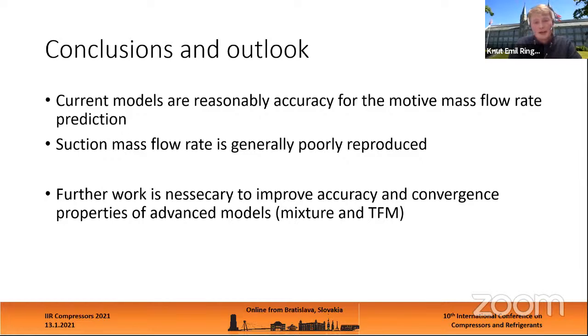However, for suction mass flow rate, the accuracy is generally very poor, and you can have between 0 and 100% error compared to experiments. A concluding remark is that further work is necessary to improve the accuracy and convergence rates. Especially for some of the more advanced models, we would prefer to have them converge in a much reduced time.